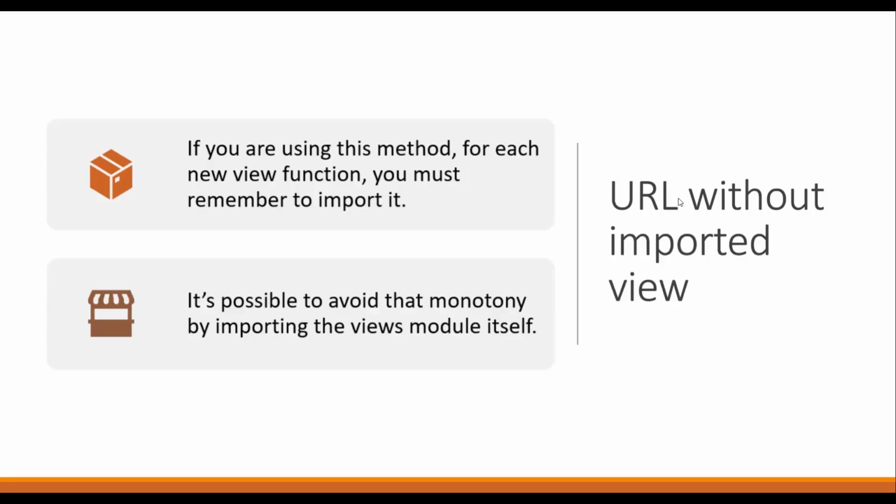In addition, if we are using the previous method, for each new view function you must remember to import it, and the import statement tends to grow excessively long. But by using URL without imported view, it is possible to avoid that monotony by importing the views module itself. So I will show you the example.